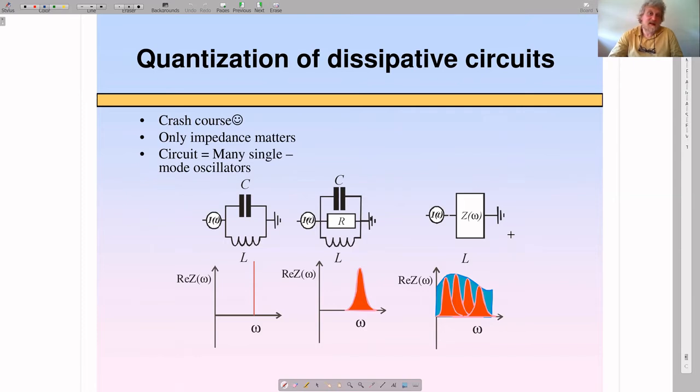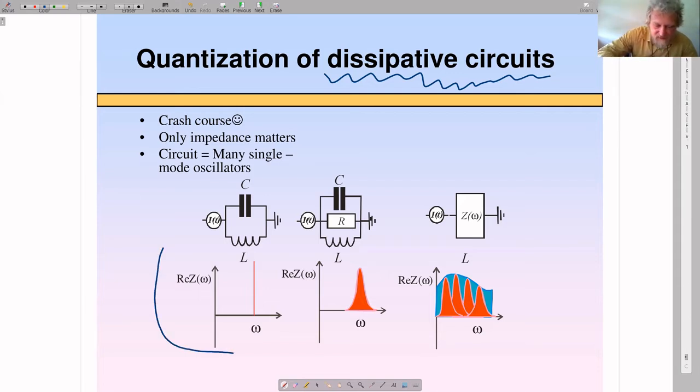Since we are talking about electric circuits, it's dissipative circuits. So I don't want to go into the physical mathematical details. I just provide you general hints how we can deal with that. Let's begin with this oscillator.